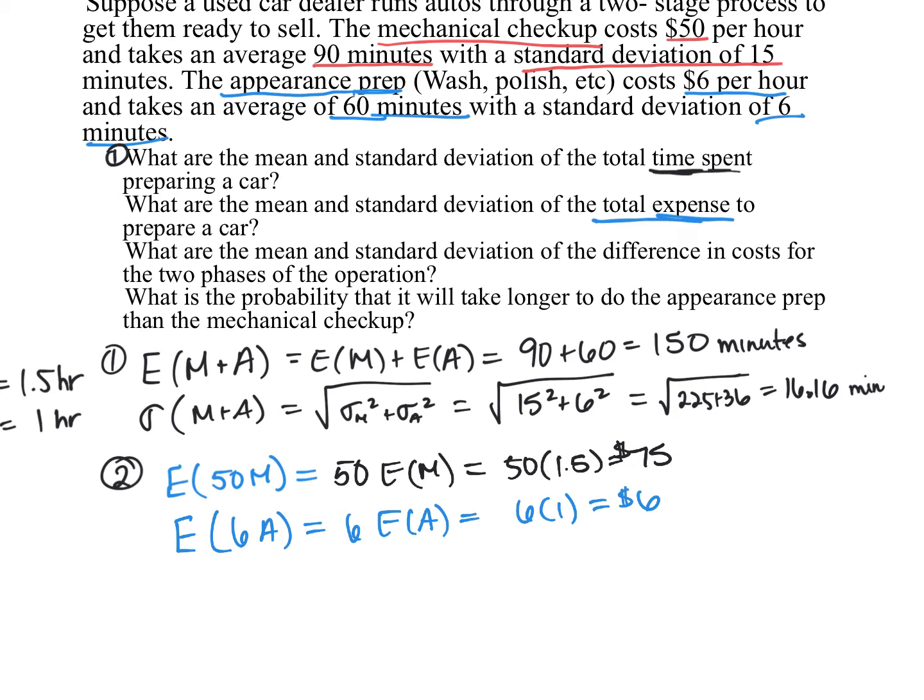So what is the total amount of money it costs for both procedures? $81. Right? So we're going to call this the expected value of MC plus AC, the cost of mechanical and appearance prep. Okay?